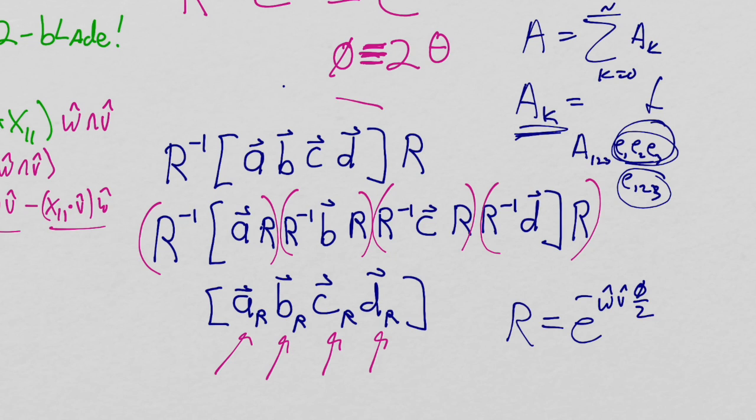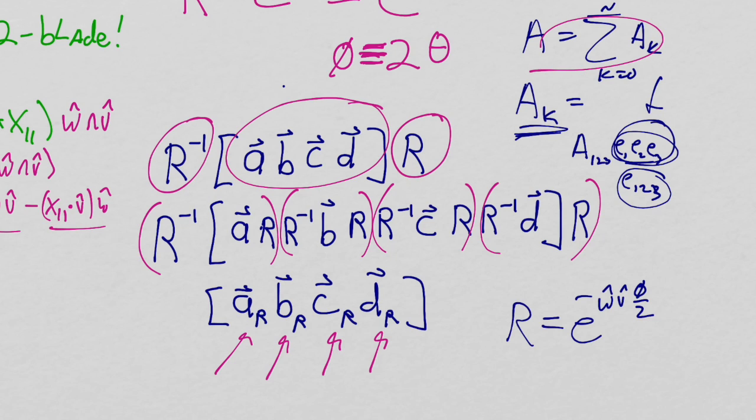So if I want the rotated version of any blade, and by linearity any multivector, all I have to do is multiply by r on the front and r inverse on the back, and I suddenly get the whole thing rotated.